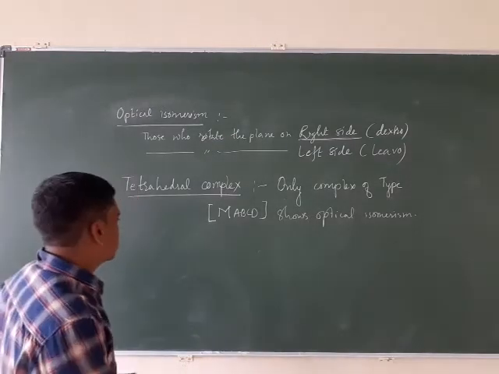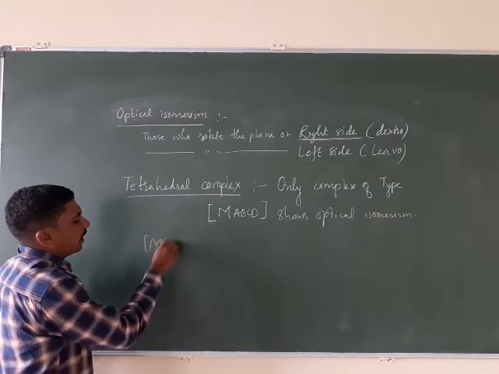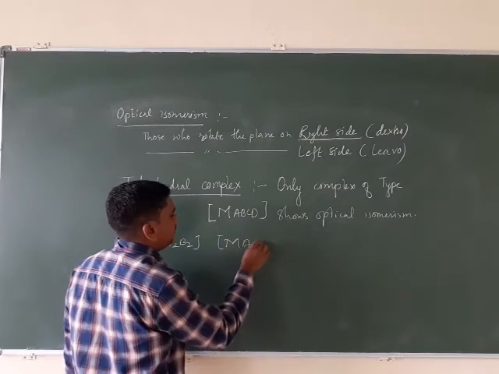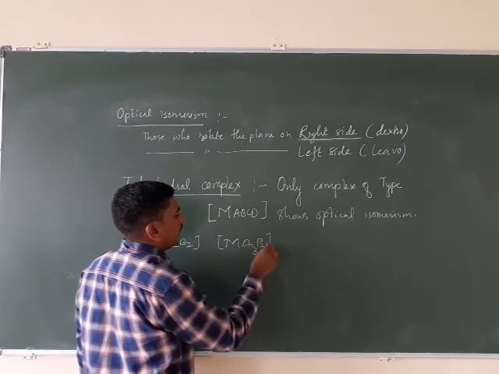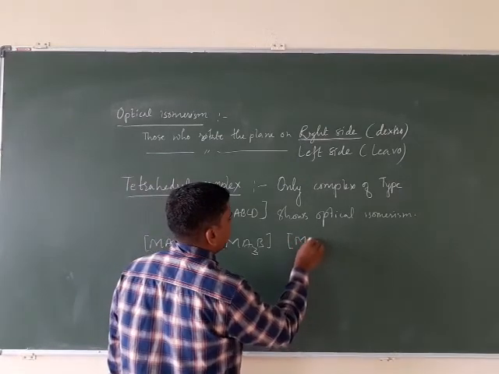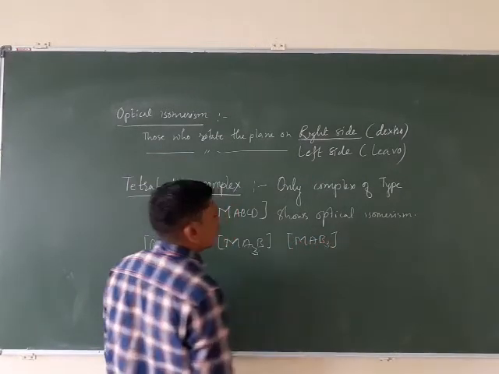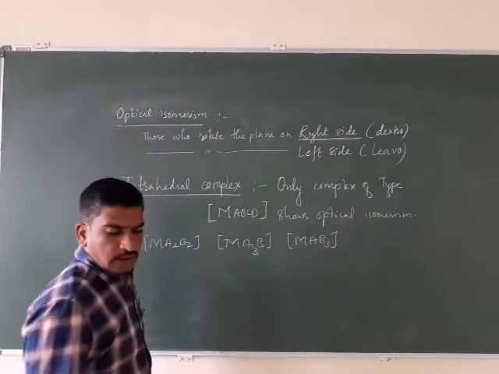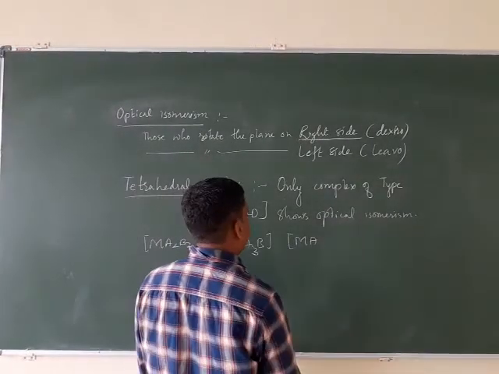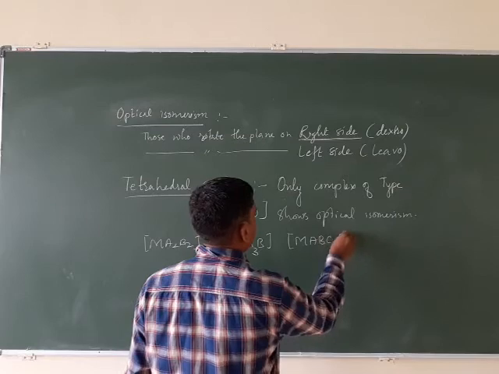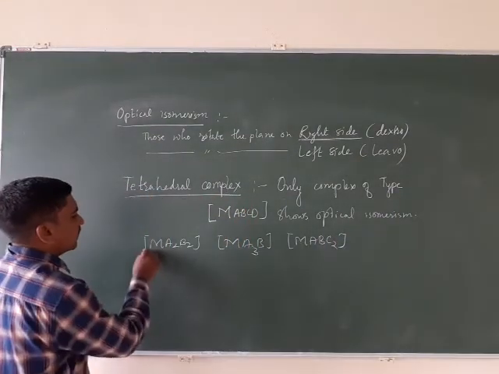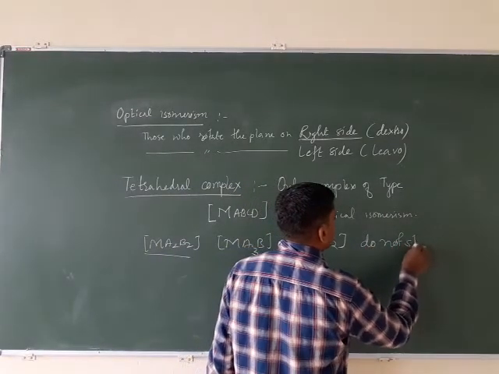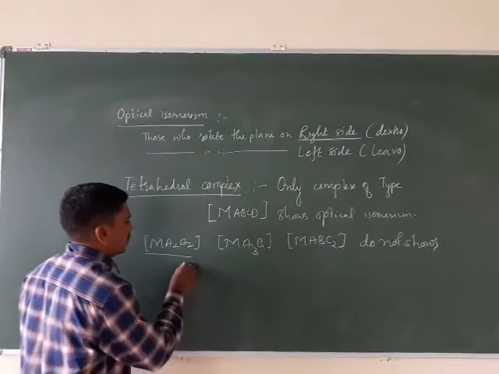The remaining complexes, MA2B2, MA3B, MAB3, or we can write MABC2, do not show optical isomerism.